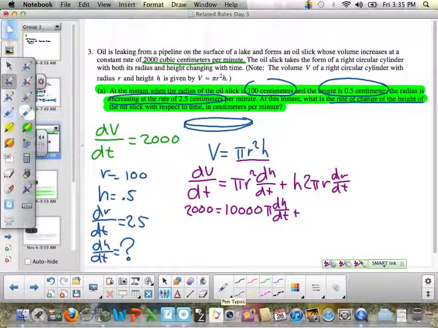Plus h is 0.5. R is 100, so that's 50 times 2 is 100 pi. dr/dt is 2.5. All right.